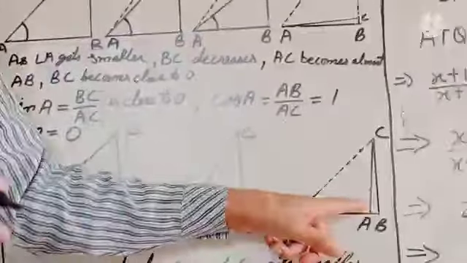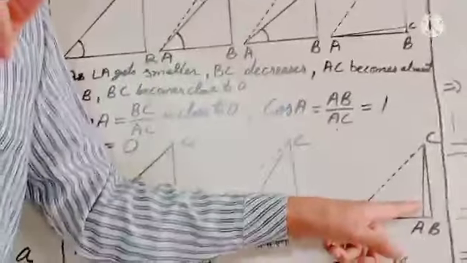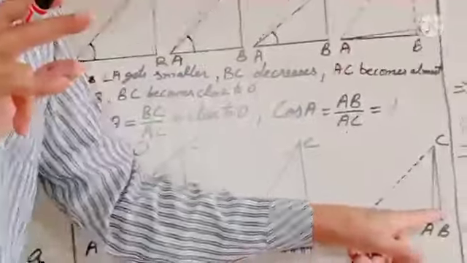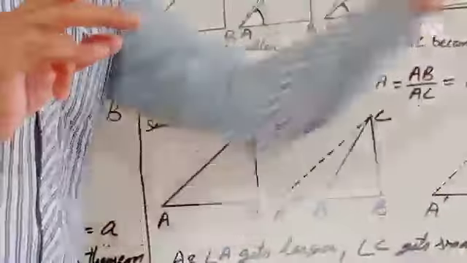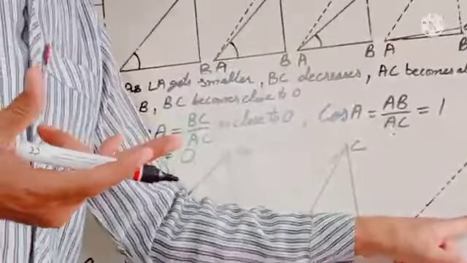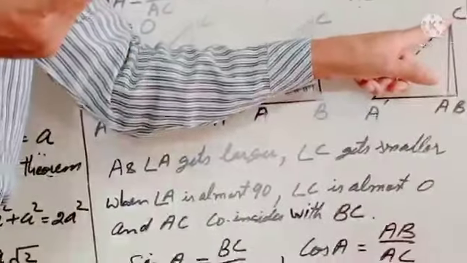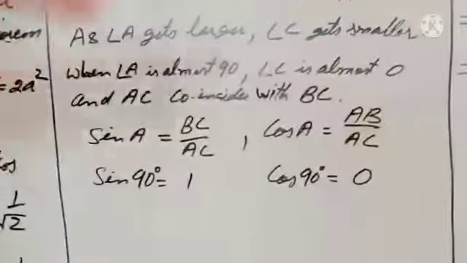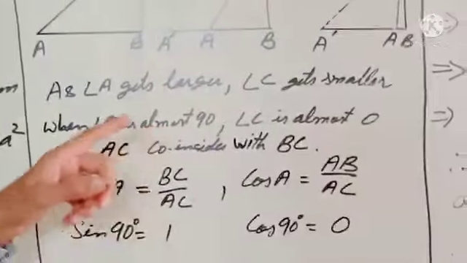Reason being, the sum of 3 angles has to be 180. It cannot be that 2 angles are exactly 180. But it is almost 180. So this becomes almost 90. When this becomes almost 90, this becomes almost 0. Right? Remember this.